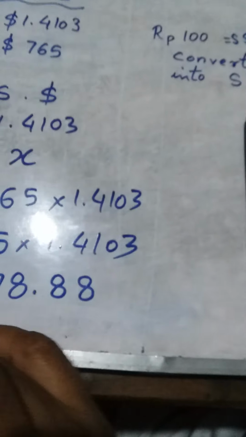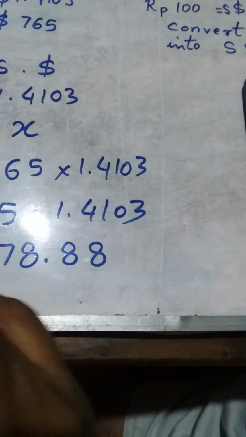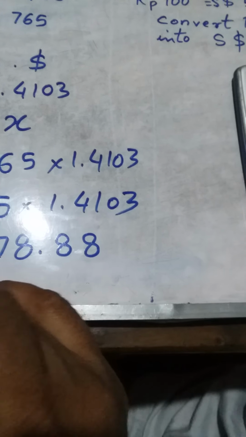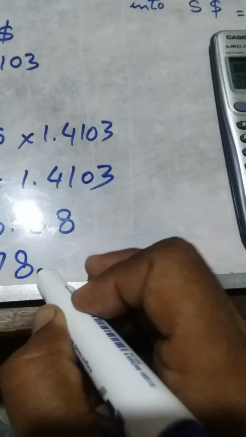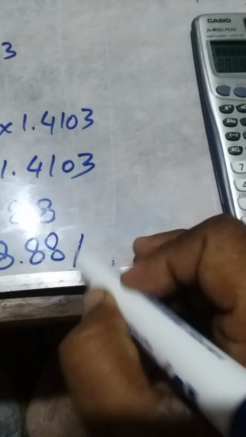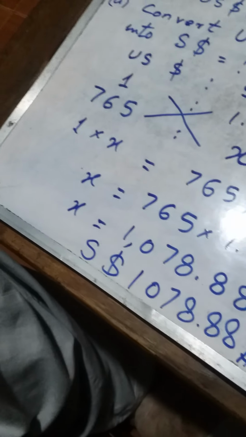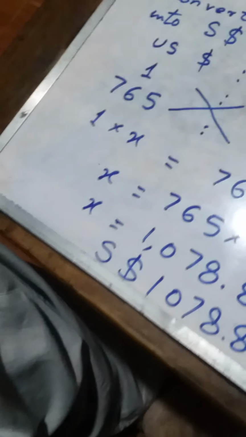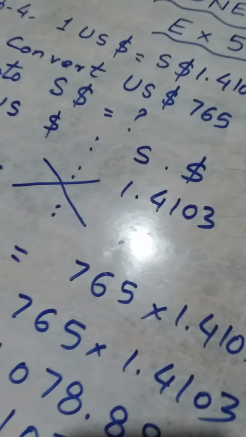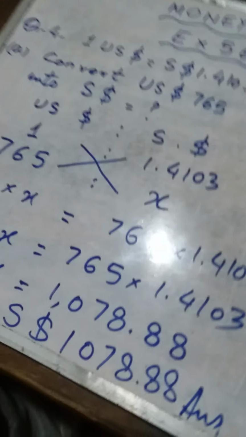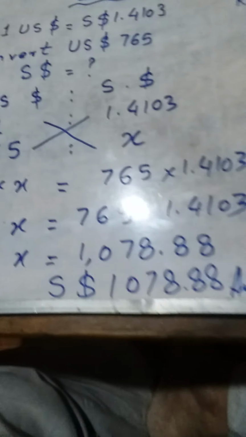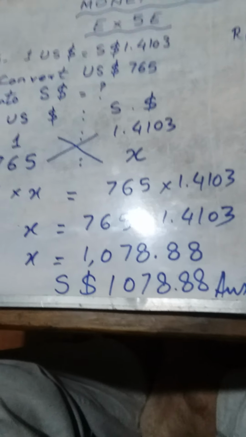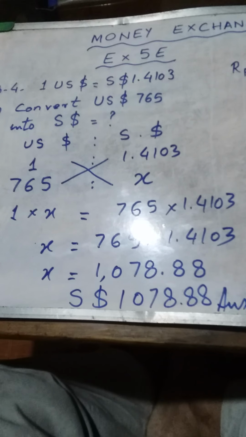This is the conversion in Singaporean dollar, 1078.88. This is your answer. The amount was US dollar 765, and it is converted into Singaporean dollar 1078.88.